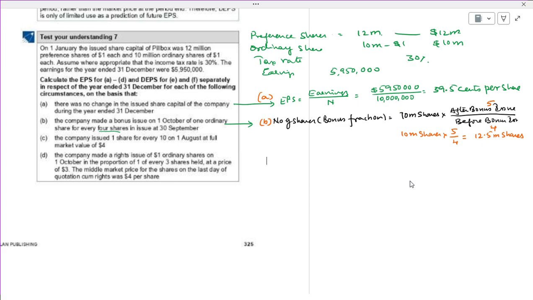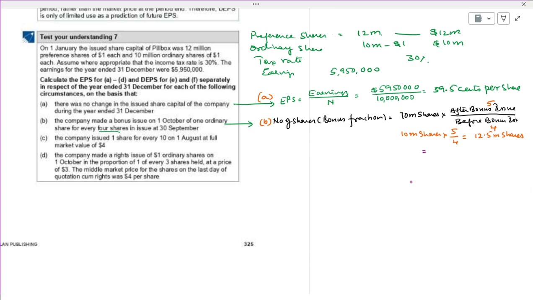Simply, before bonus issue you have 10 million shares. After bonus issue, how many shares will you have? Is it okay?